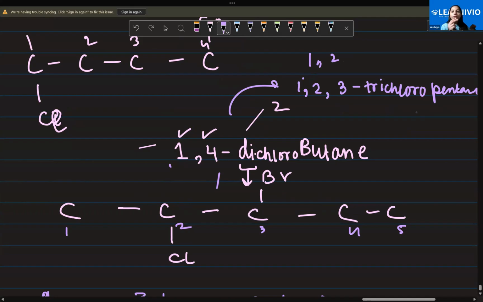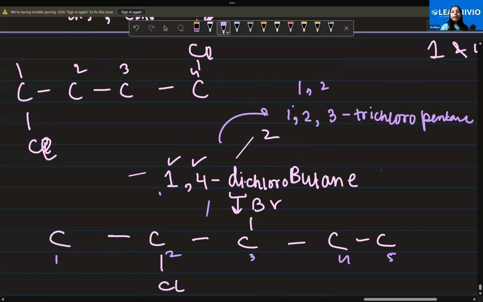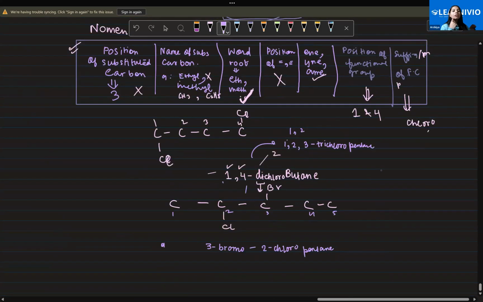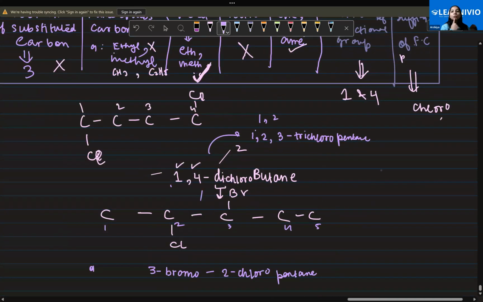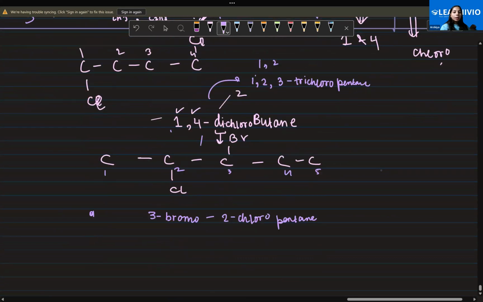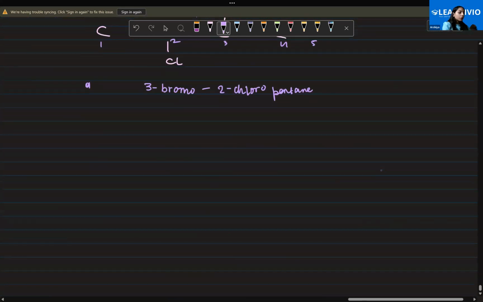If I have 2, then dichloro; 3, then trichloro; a single chlorine, then just chloro with its position. Similarly for any functional group, even methyl, like 2,3-dimethyl, 5,7-dimethyl. Now, one more example, then we'll move on to the next topic.